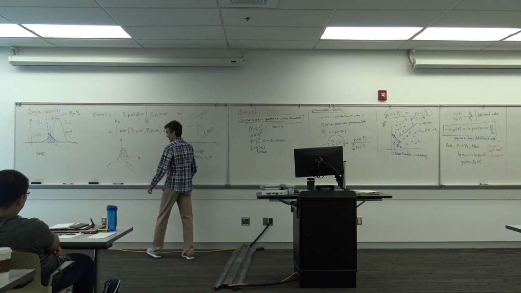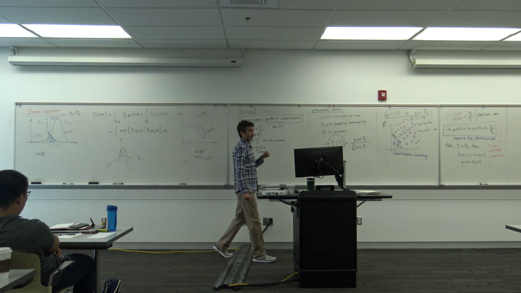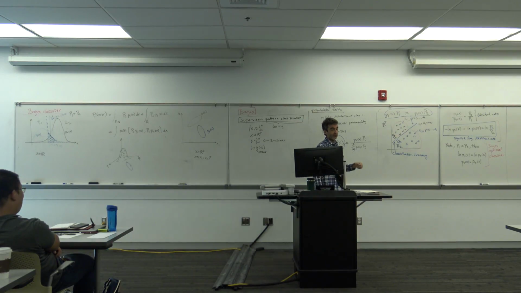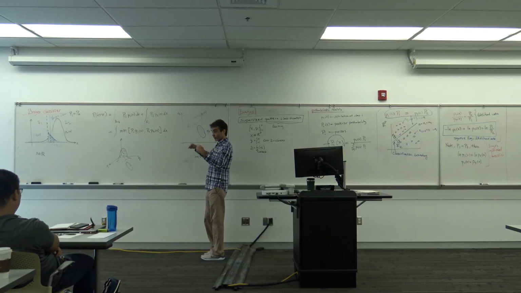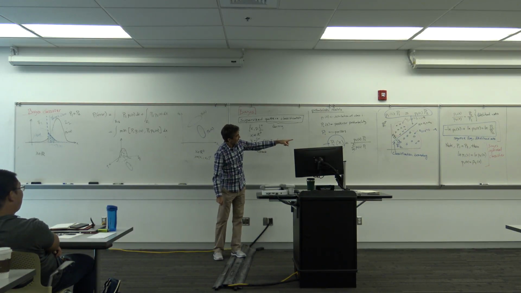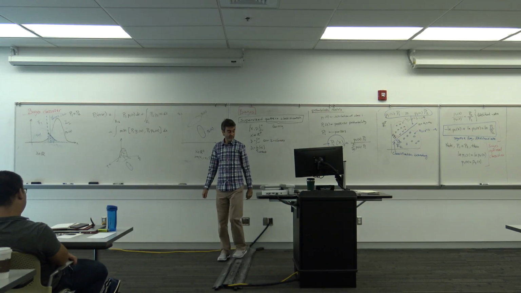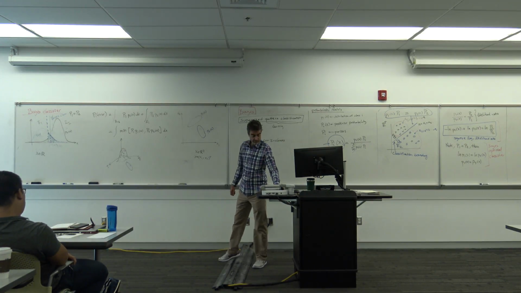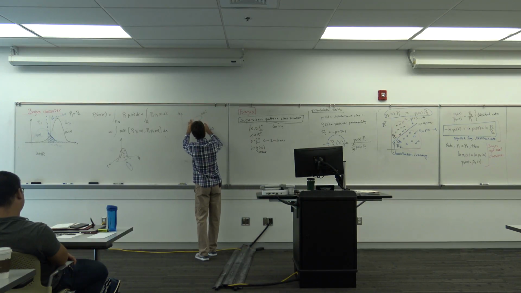Now, how are we going to determine the classification boundary for that case? Well, the classification boundary occurs again, assuming equal priors, when P1 of x is equal to P2 of x. So if you let this one grow and this one grow at the same time, they will intersect at some point here.